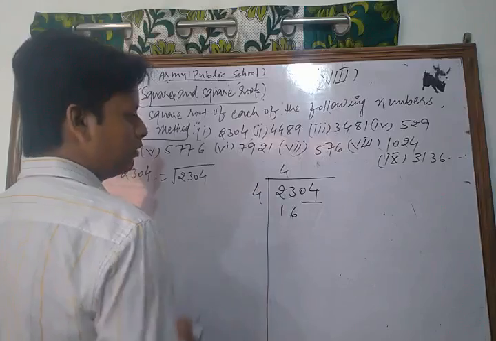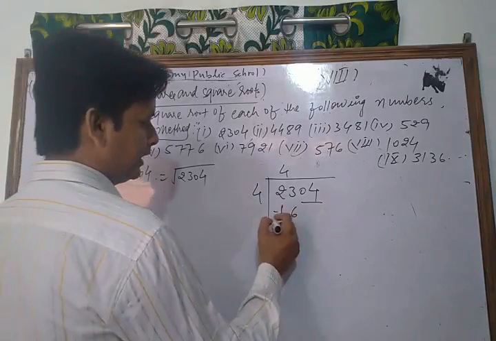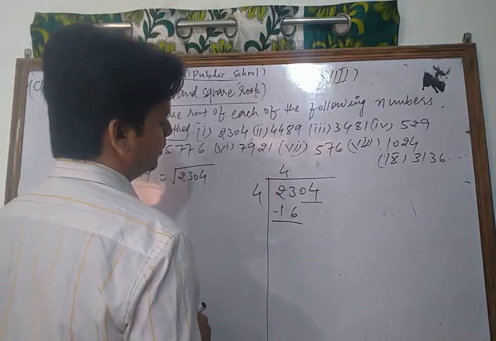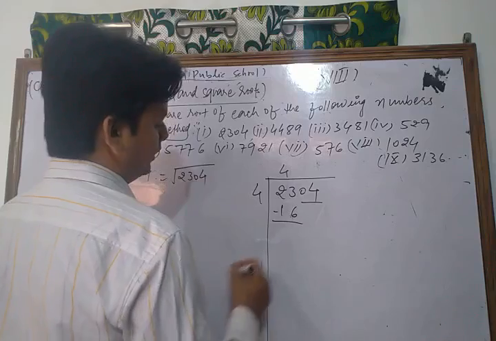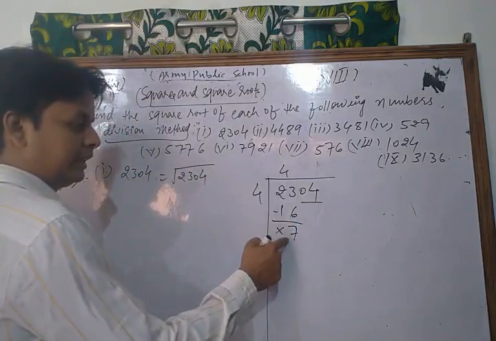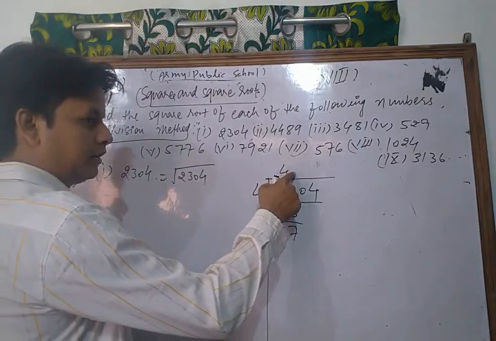So 4 fours are 16. In the next step we subtract: 23 minus 16 is 7.